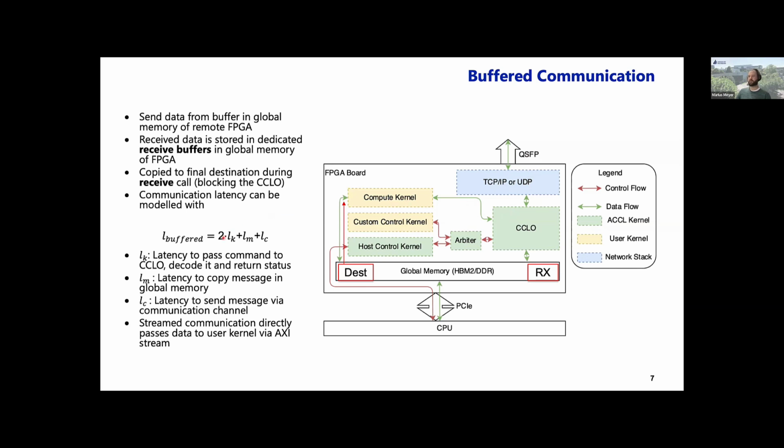By that, we can actually get rid of one invocation of a control kernel, because we basically just have one send and the receive happens implicitly by just receiving and forwarding. And we get rid of the copying, because the data is directly forwarded without this additional storage in global memory.